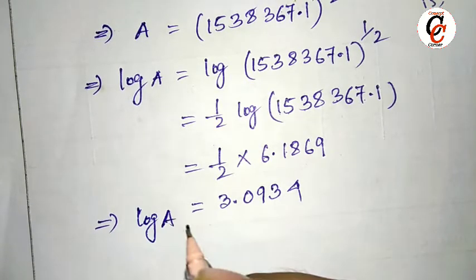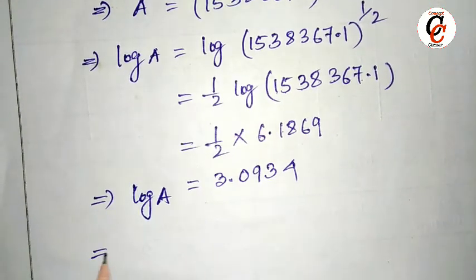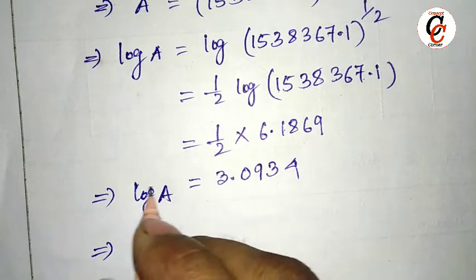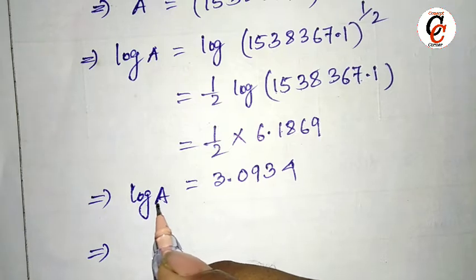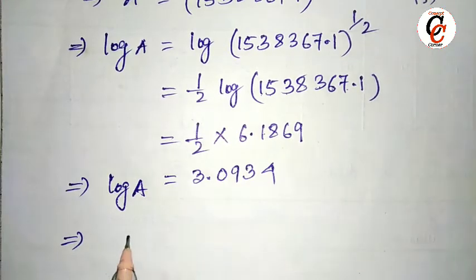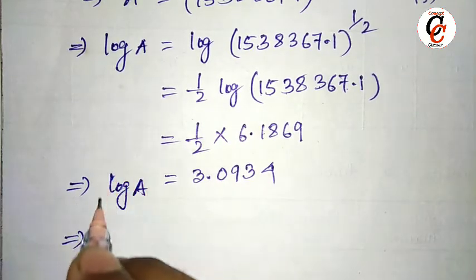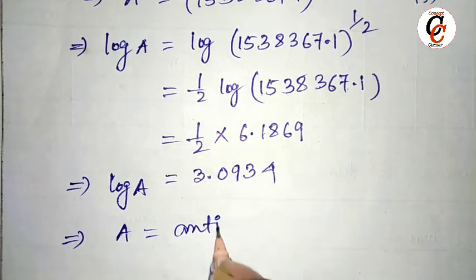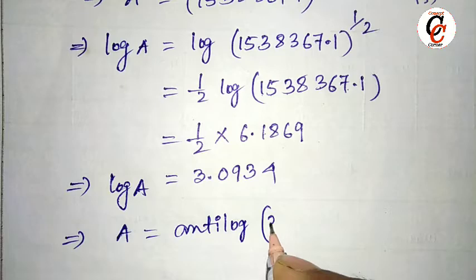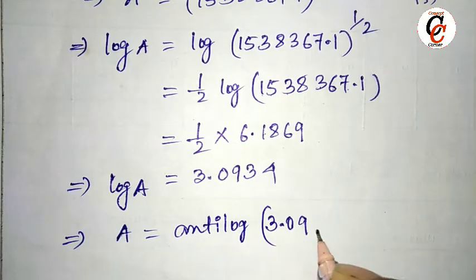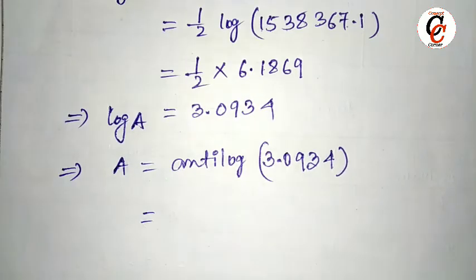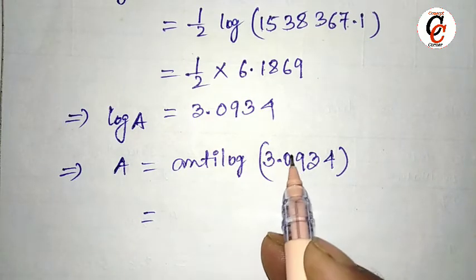If we divide by 2, 2 divides 6 three times, 2 does not divide 1, so it will be 0. 2 divides 18 nine times, then 3 times, again 2 divides 9, 4 times, and carry 1. So this is the value of log of A.